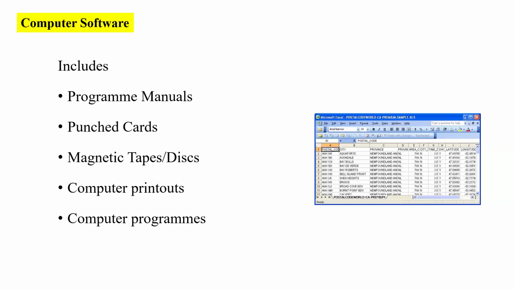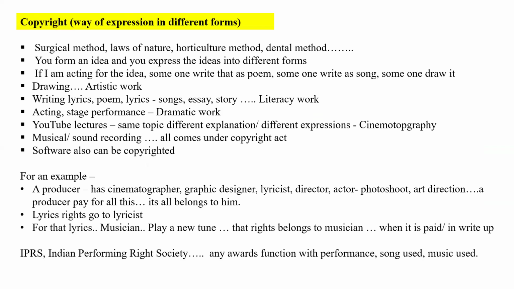Then computer software. Software is also very important. Not every country goes for computer software protection clearly, but that can have manuals, punch cards, and a lot of other things.